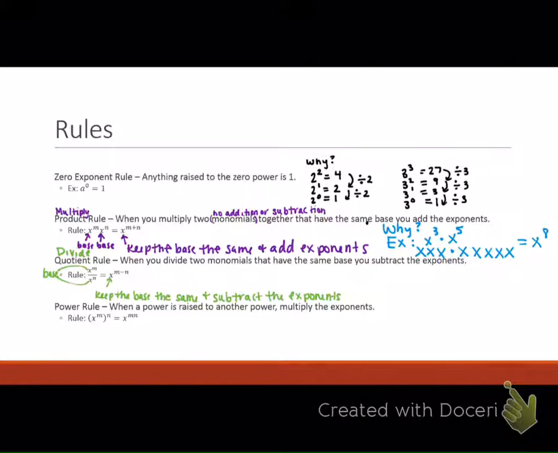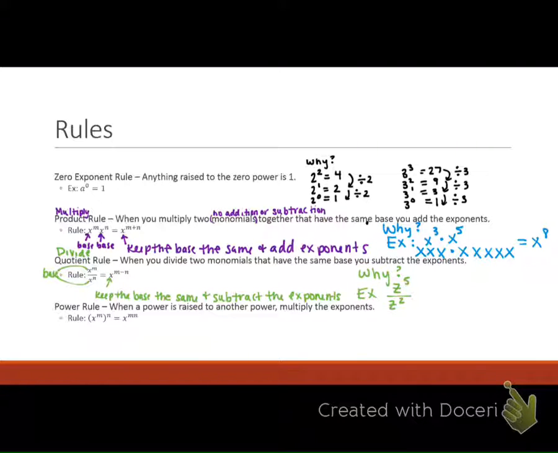So, again, why is this the case? If I do z to the 5th over z squared, technically it tells us that if we have the same base, which they're both z, we subtract our exponents. So we should get z to the 3rd power, right? So why is that?